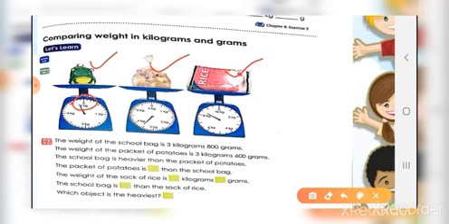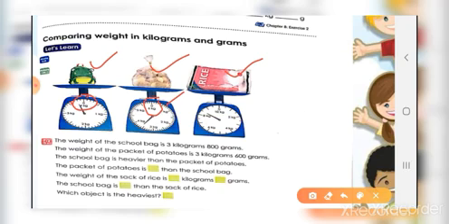This middle one can measure up to 6 kilograms. So what does each interval on this scale stand for? This is also 100 grams, as there are 10 intervals between 0 and 1 kilogram. So it must be 100 grams.